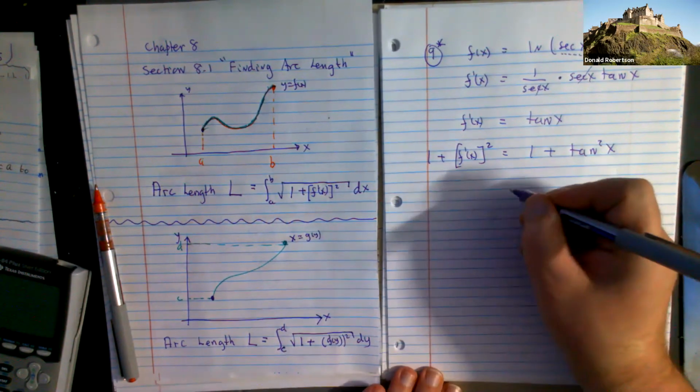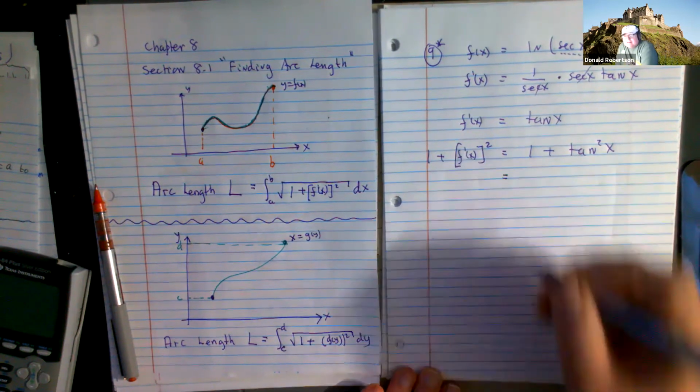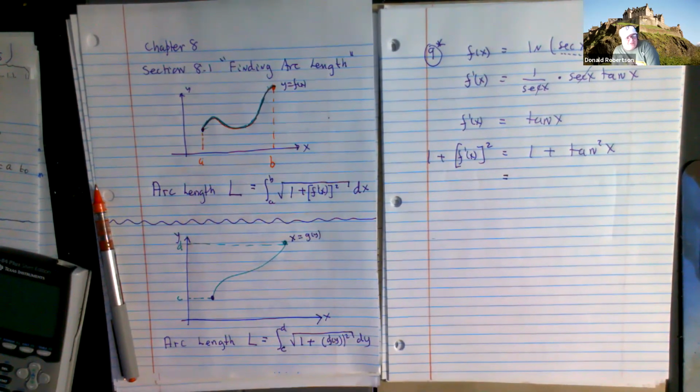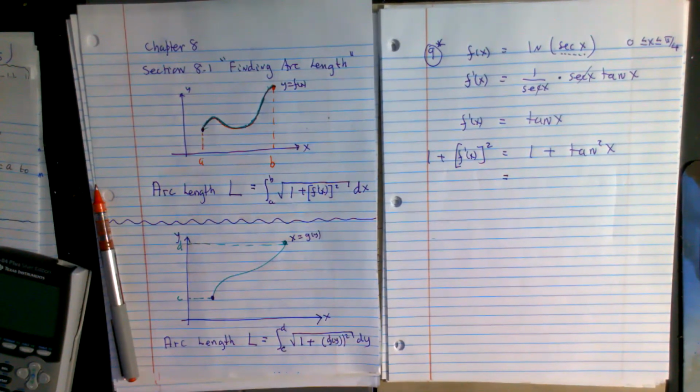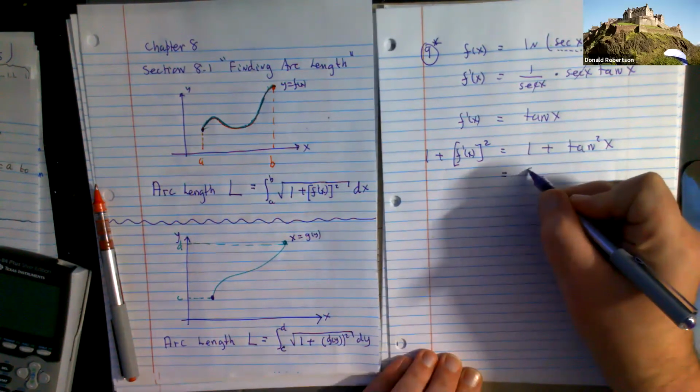And then you might get caught out. Is there any better, simpler way to write 1 plus tan squared? Secant squared. Yes.